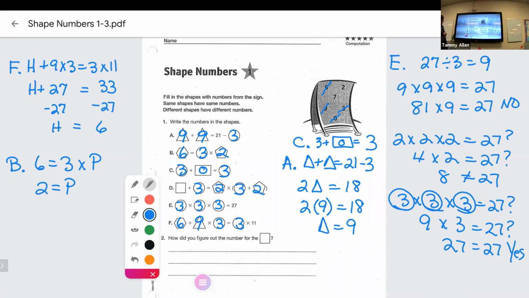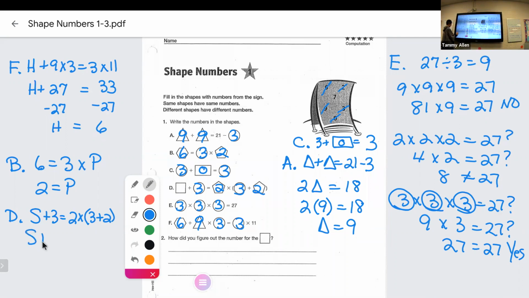And now we are left with D, right? D says the square plus 3 equals 2 multiplied by the sum of 3 plus 2. So while we did use up the 2, let's make sure that this is really going to be 7.